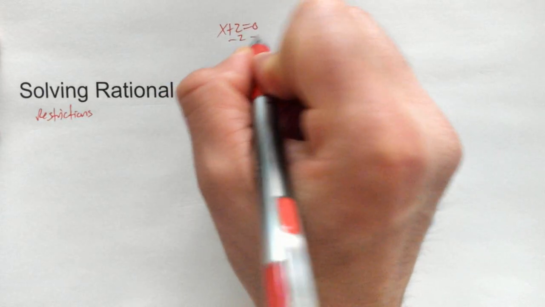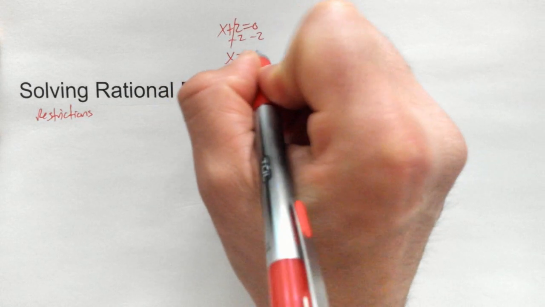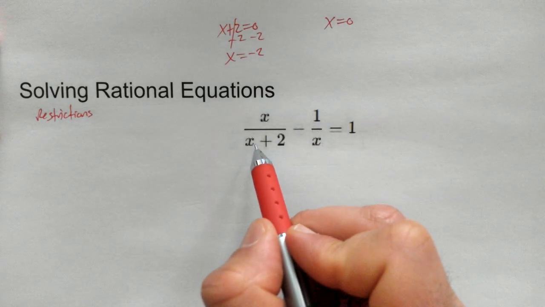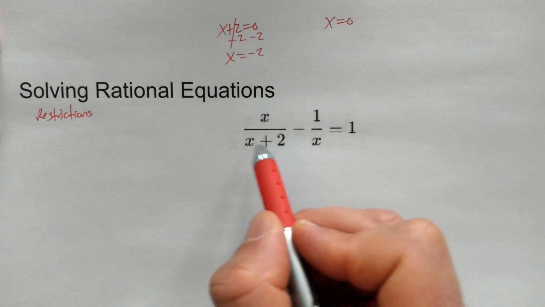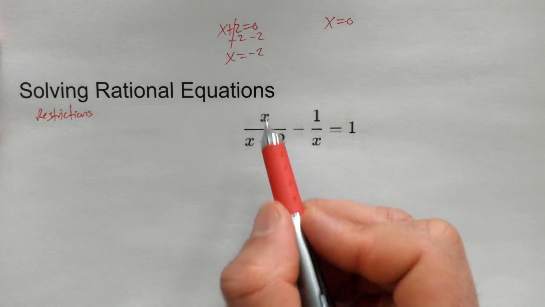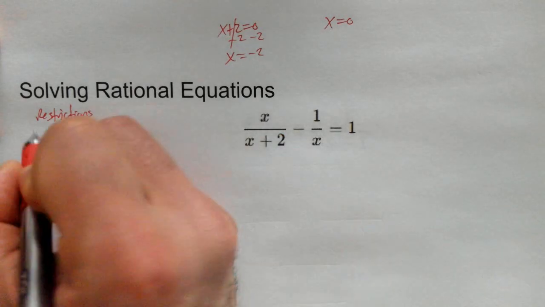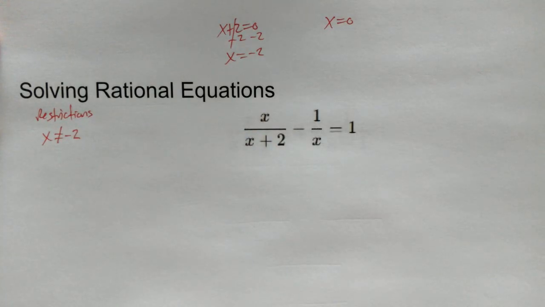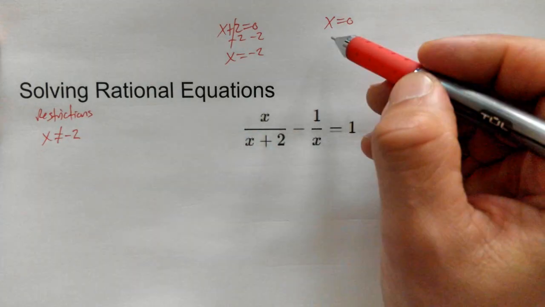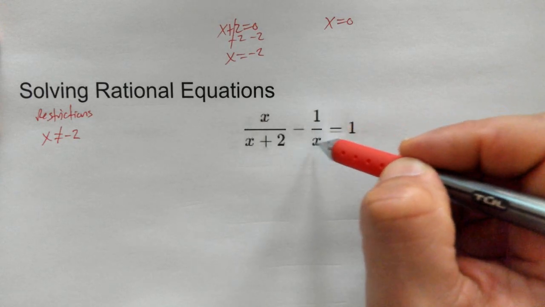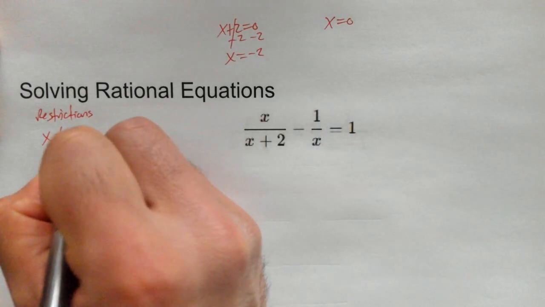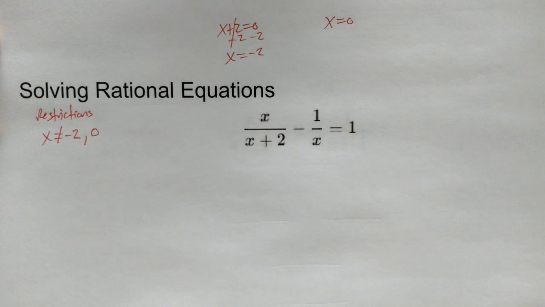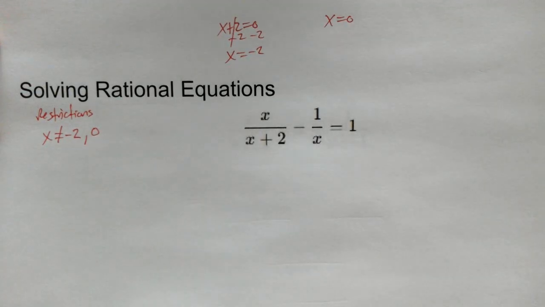And when I solve for x here, I get negative 2. Right? If I plug negative 2, I get negative 2 plus 2, which is 0. I can't divide anything by 0. So x cannot equal negative 2, or an error will happen. At the same time, x cannot equal 0, because 1 divided by 0 is also an error. So x can't be neither of these. Right? Let's solve this problem and see what we get.